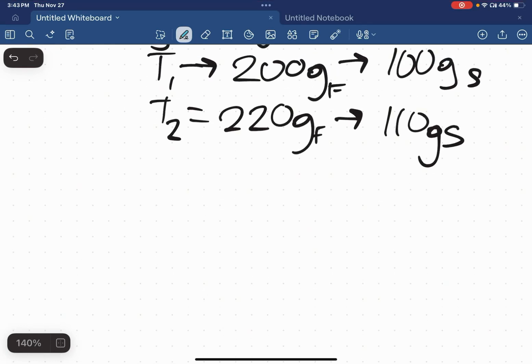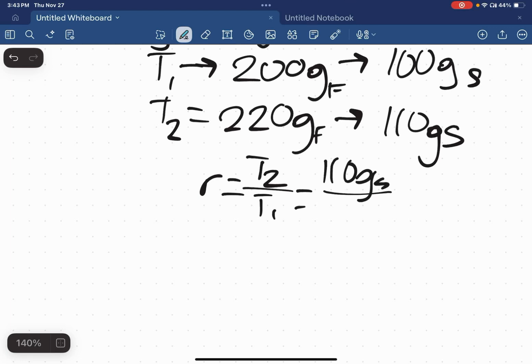So we can't just do addition here. We actually have to create a common ratio. So let's create that ratio. It's going to be trial 2 divided by trial 1, which is equal to 110 grams of sugar divided by 100 grams of sugar, which is 1.1. And that is our common ratio here.